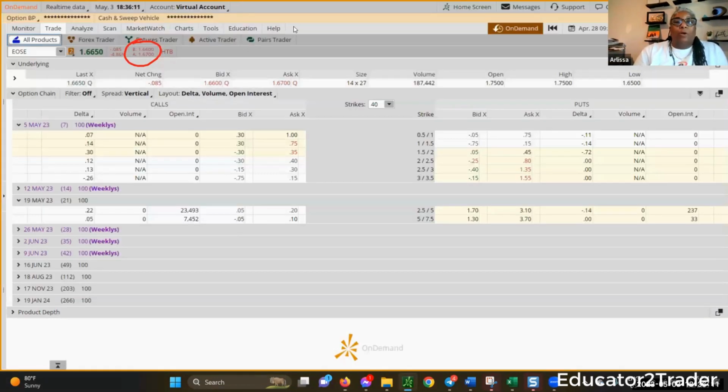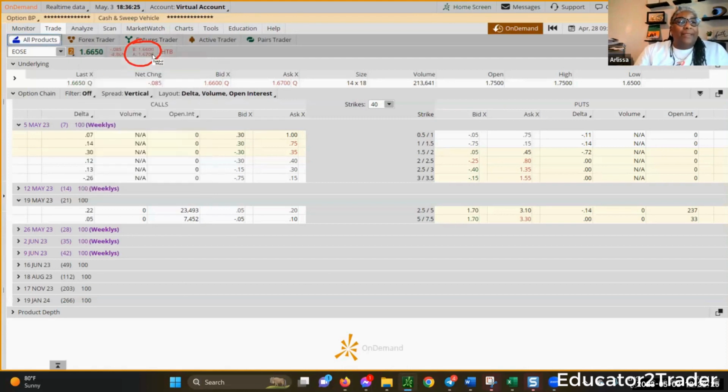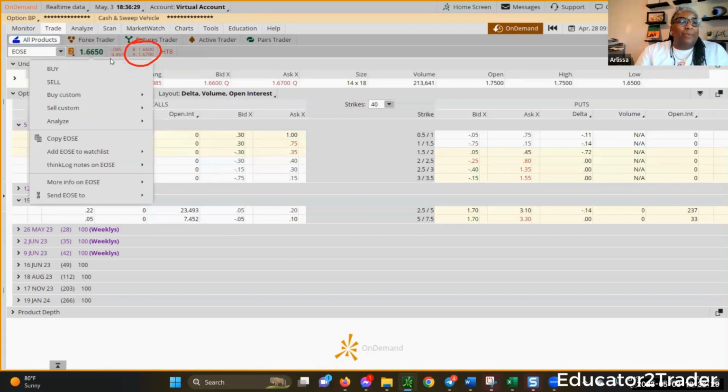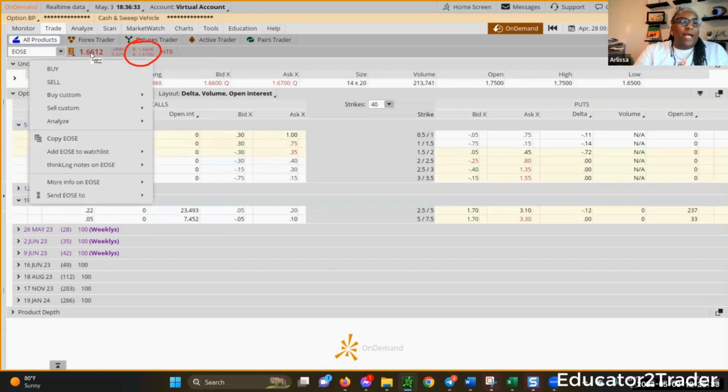Back on Thinkorswim, we're going to buy these in our on demand. I'm going to select this B and A, which is the bid and ask. I think you can also buy them from the chart. There's a few different places, but here you see buy. You could have picked the price right here at $1.66, and then a drop down happens.